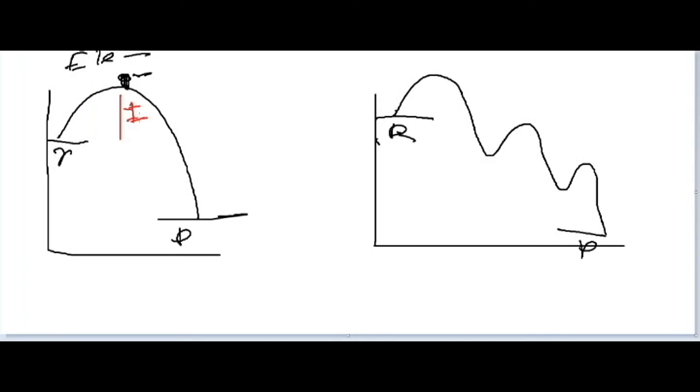Reactant to intermediate is EA. In this one, this is the first intermediate, this is the second intermediate, and this is the third intermediate.